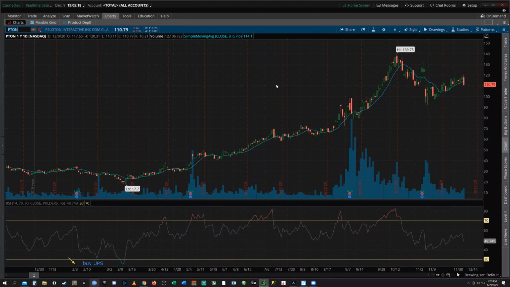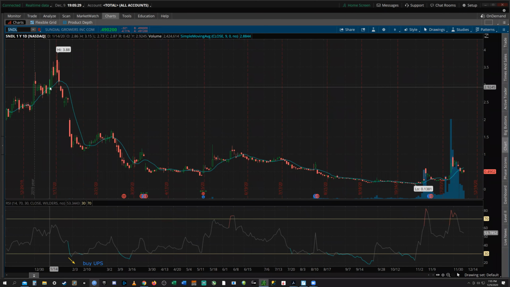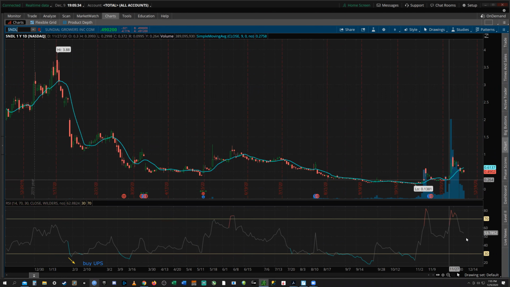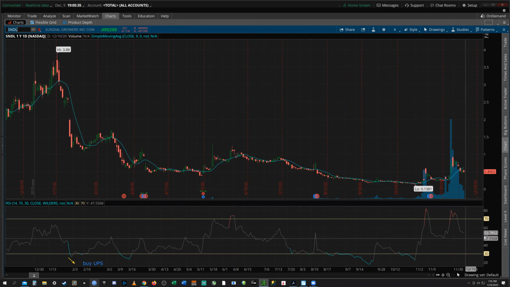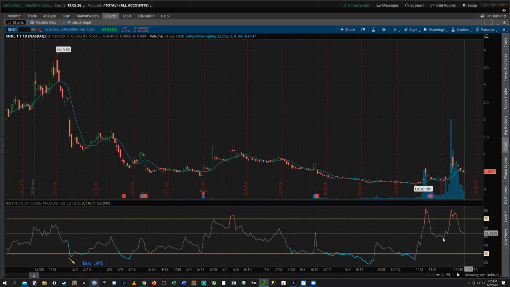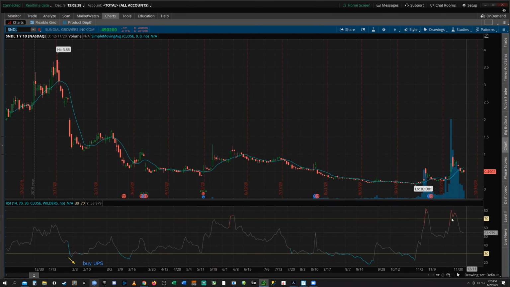Sure. Okay, so this is a penny stock, so things can get cray-cray. But okay, it's right at the cusp of wanting to sell off because it's at 53. But look, it hit the 47 mark, but then it wanted to keep going up. So I'm not even looking at the candlesticks.